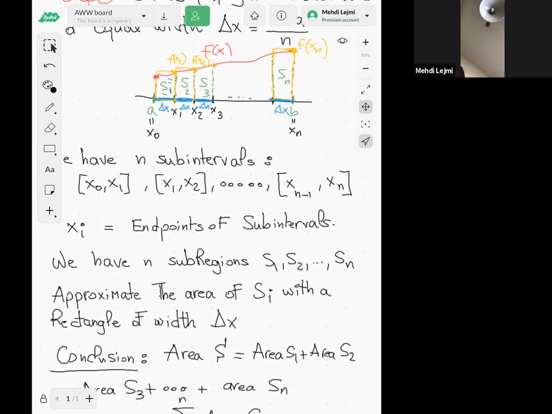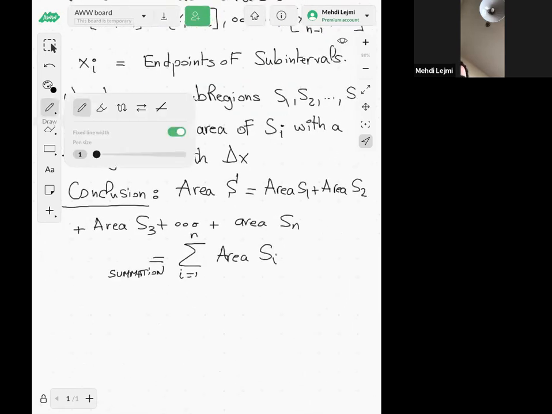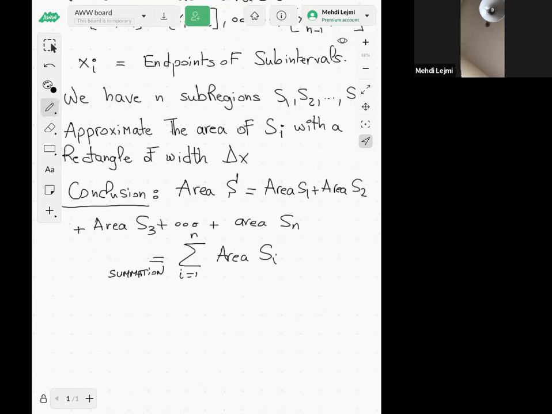So I can approximate this as the sum going from 1 to n of f of xi times delta x.